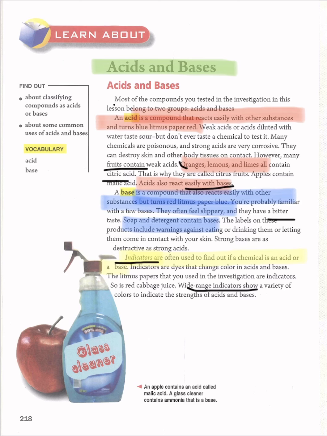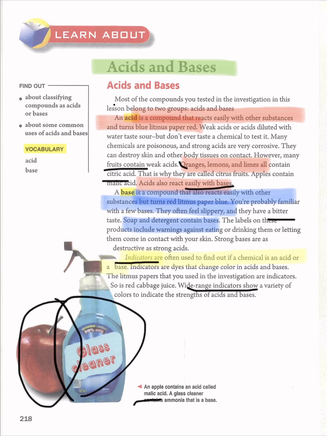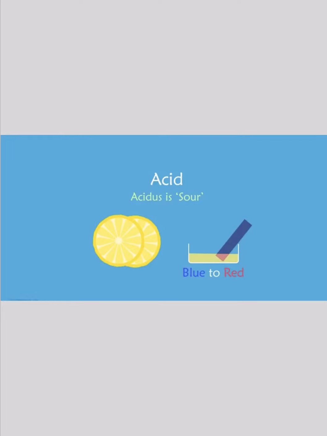In that picture we have an apple, which contains malic acid, and a glass cleaner, which contains a base, ammonia. In the picture, there are the properties of acids. You have to draw it and you have to know the properties of acids.